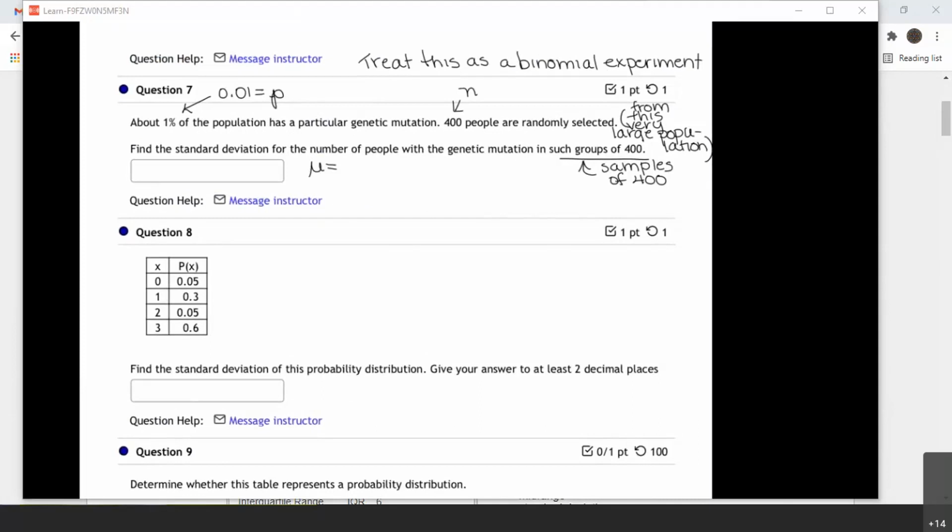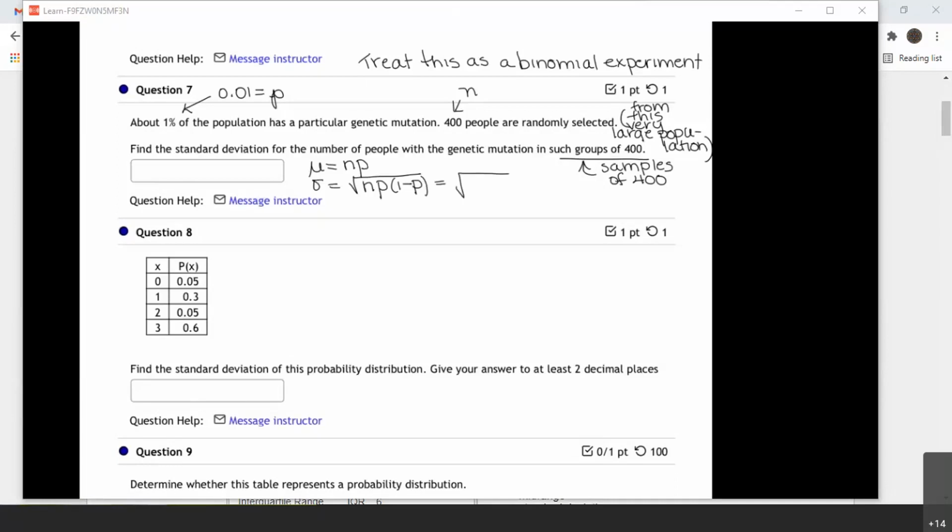It's actually of a binomial random variable because we're taking multiple samples of 400. The mean is just n times p. They didn't ask us for that. They asked us for the standard deviation, and that's the square root of n times p times 1 minus p. So this is a matter of remembering the formula.